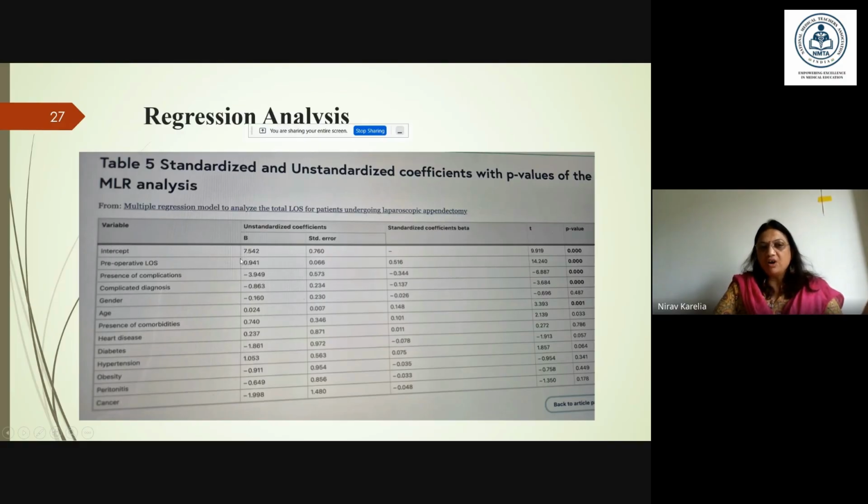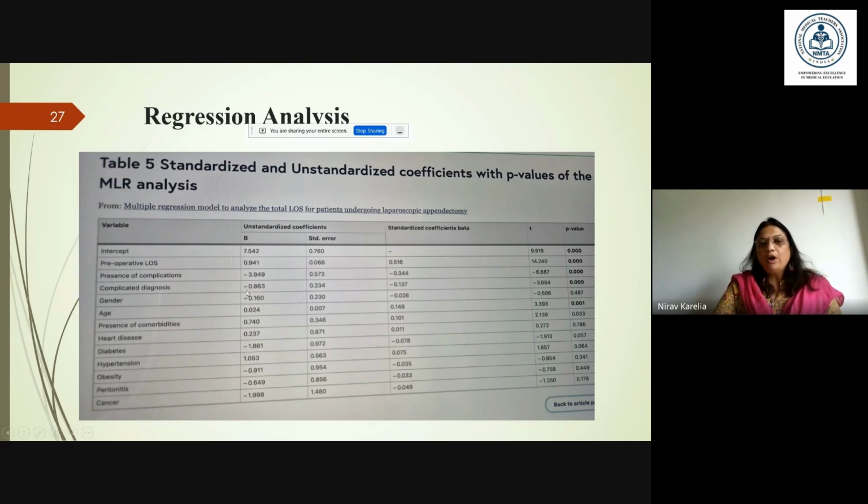Suppose for presence of complication it is minus 3.949. In regression there is an equation, the basic principle: y is equal to a plus bx, where a is the intercept and b is the beta coefficient.